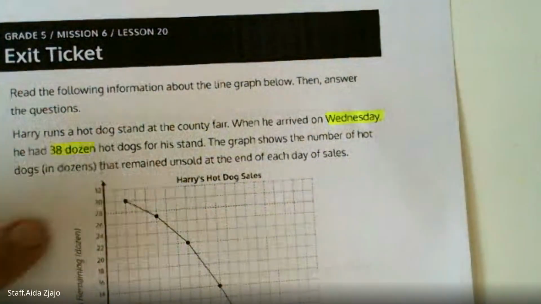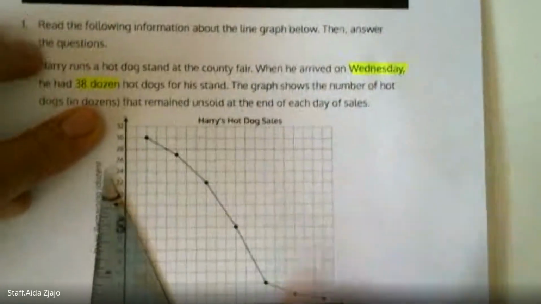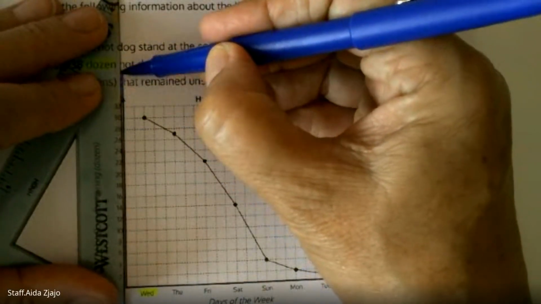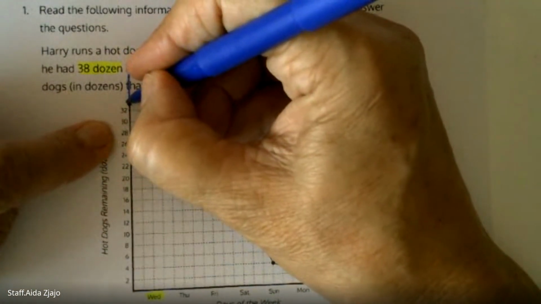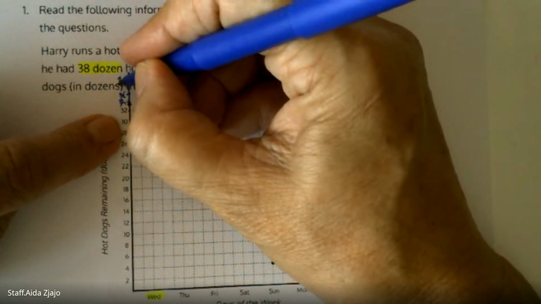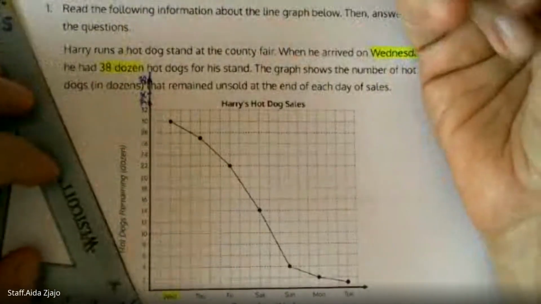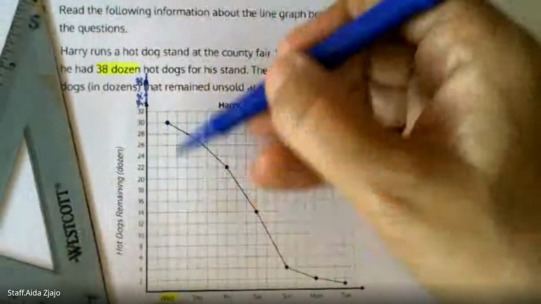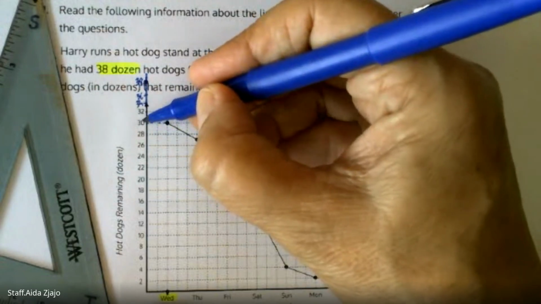So when he arrived, he started at 38. There is no 38 labeled, but this is 30, 32, 34, 36, and about 38 is right here. So he started here with 38 hot dogs, and then he went to the Wednesday, and the Wednesday was 30.